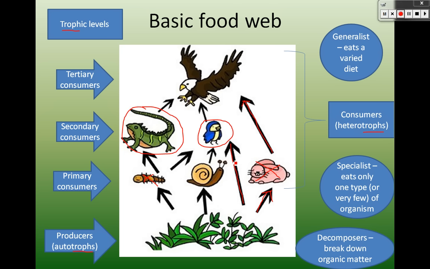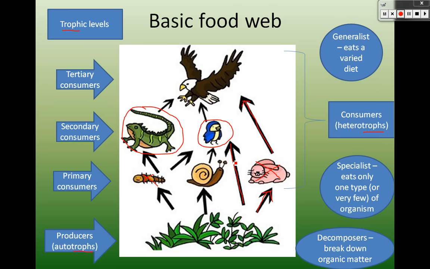It's not just eating dead things, it's actually breaking that back down into organic matter, like into soil, into carbon, and it's recycling the energy back into the ecosystem. So that's a decomposer. And you have some decomposers that are scavengers. They kind of happen upon dead things.